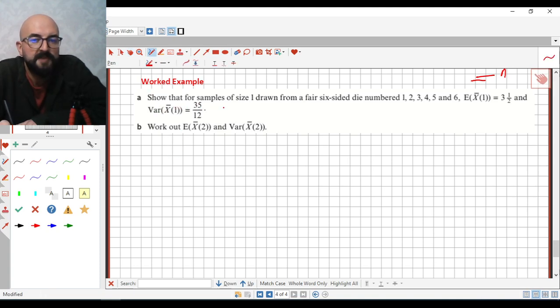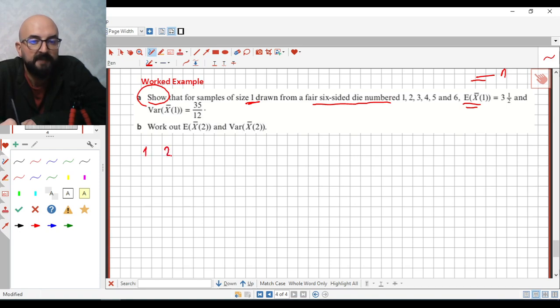Show that for samples of size 1, or x1, drawn from a fair six-sided die numbered 1, 2, 3, 4, 5, and 6, the expectation of x1 is 3.5, and the variance of x1 is 35 over 12. We will show this situation.